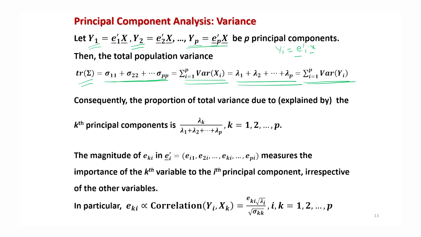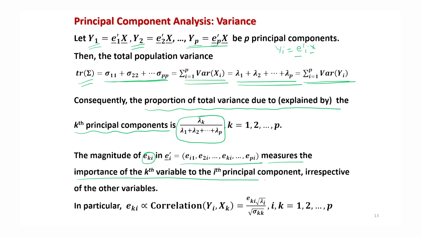So consequently, what will happen? The proportion of total variance explained by the kth principal component becomes lambda k upon the sum of all lambda i's. This will be the proportion. And the magnitude of the kth element in the ei vector, that is eki, measures the importance of the kth variable to the ith principal component, irrespective of all other variables.